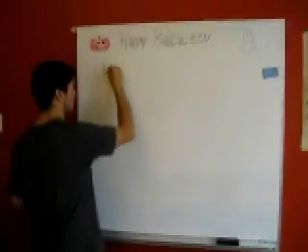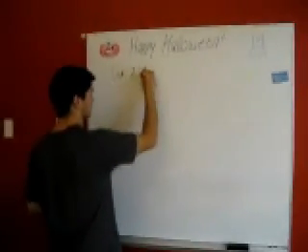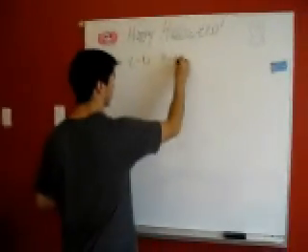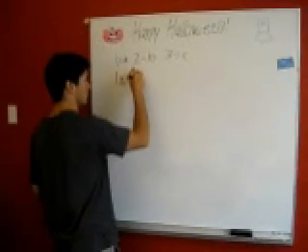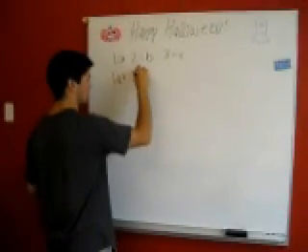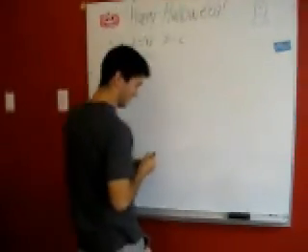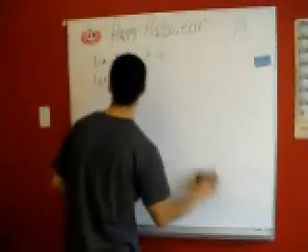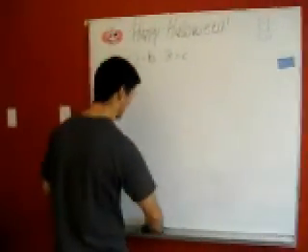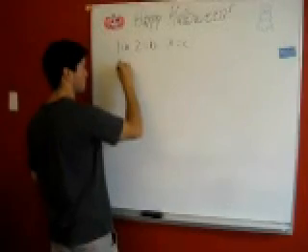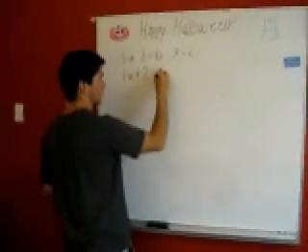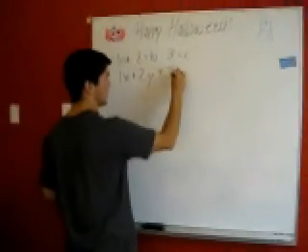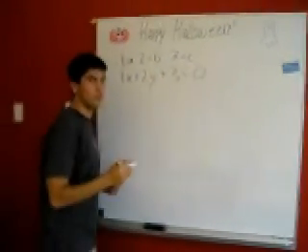So A is equal to 1, B is equal to 2, and C is equal to 3. So then Kimmy will write out the general form. So here we have 1 multiplied by the x plus 2 multiplied by the y plus 3, and this is all going to be equal to 0.